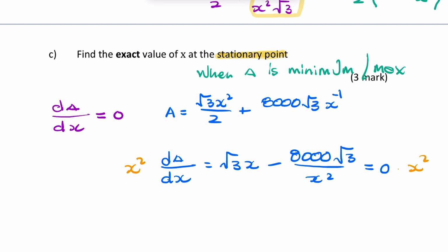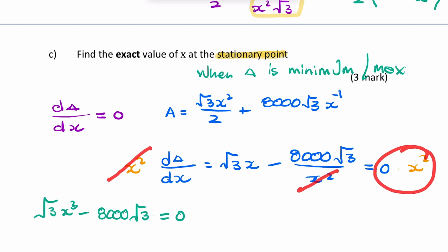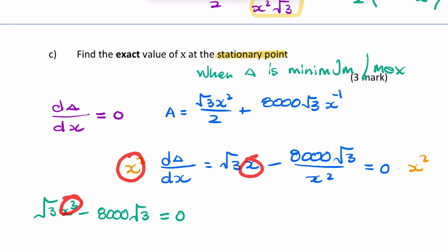So you'll get root 3 x cubed minus 8,000 root 3 equals 0. So that will cancel with that, and that's just going to give you 0. And x squared times x gives you x cubed.